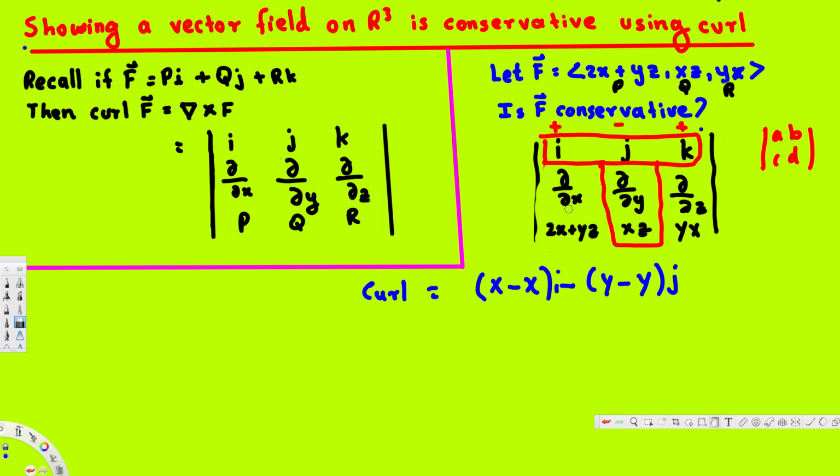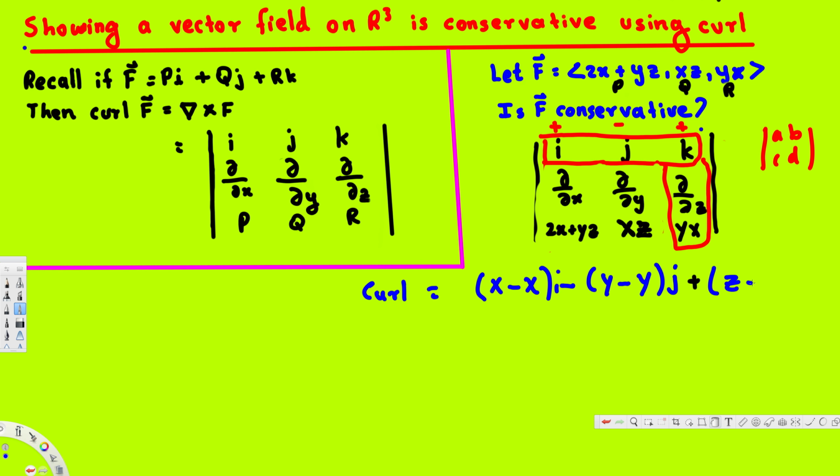After that we do the k component. We eliminate this part right here, and we do AD minus BC for this one. Now let's copy our Q component, xz. For AD, this is the partial derivative of xz with respect to x, and we have z here.